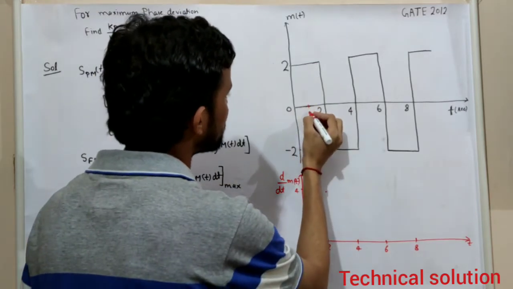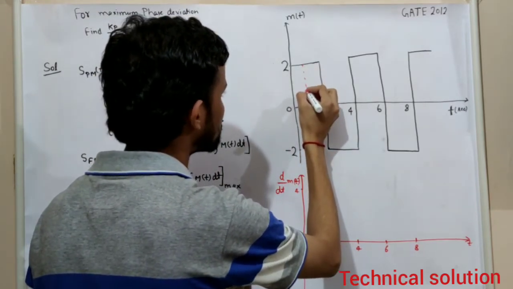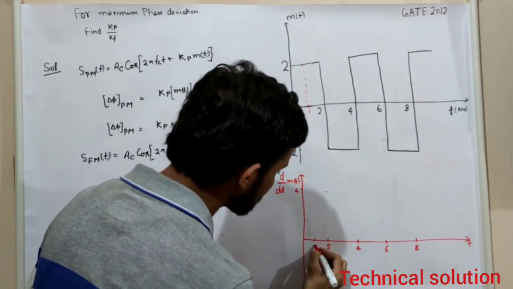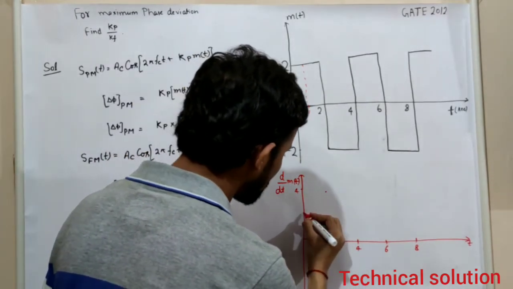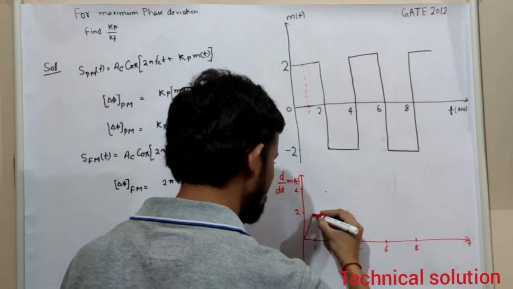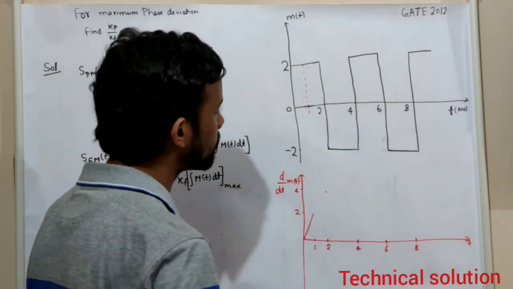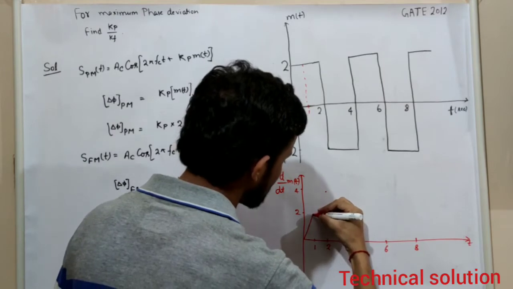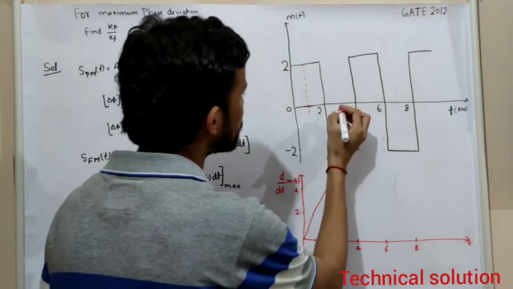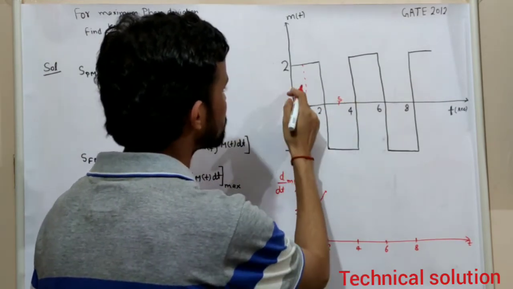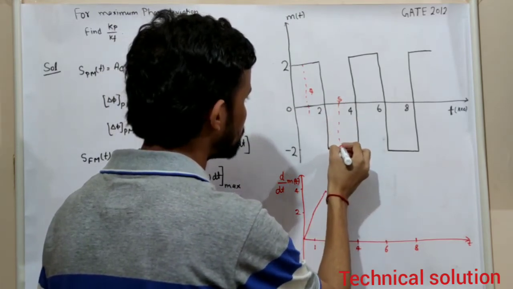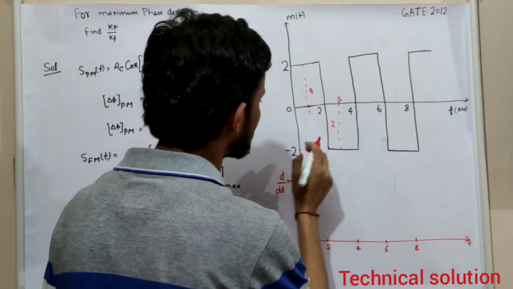If you want to calculate the area between 0 to 1, then its area is 2, as given by the ramp function. And between 0 to 2 it is 4, and it is also given as a ramp signal, extended to 4. The area between 0 to 5: this is 2 into 2, that is 4, and this is 2 into 1, that is 2, minus 2.